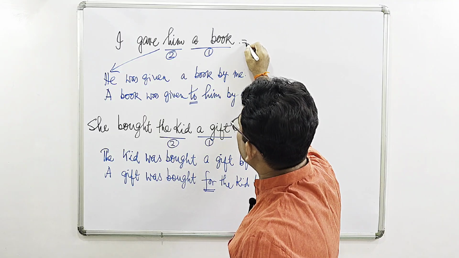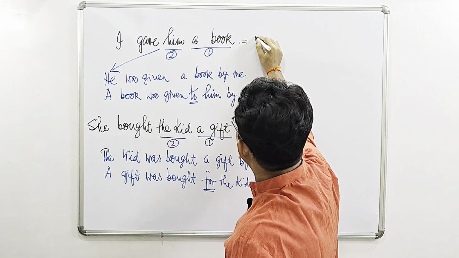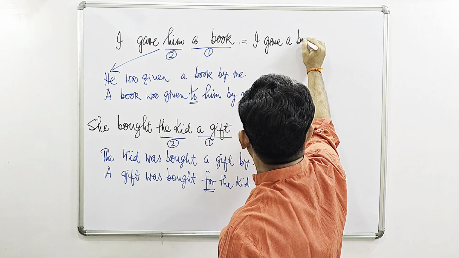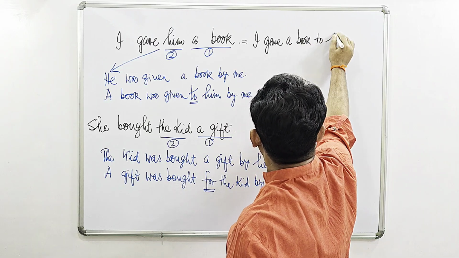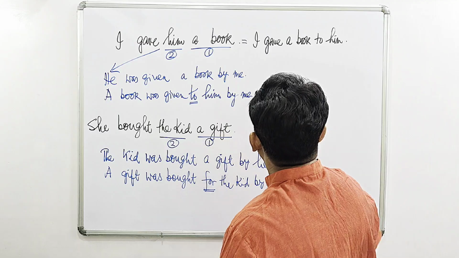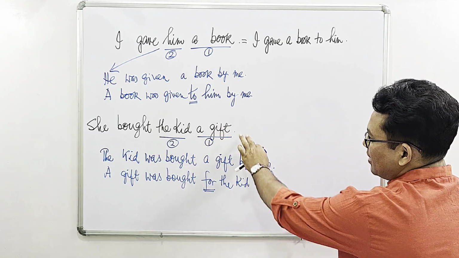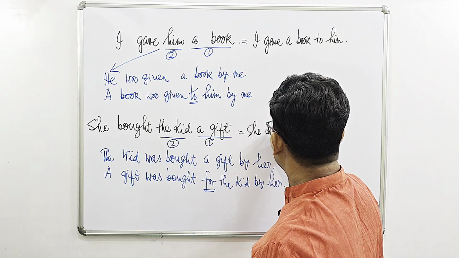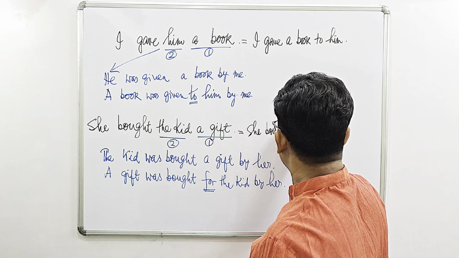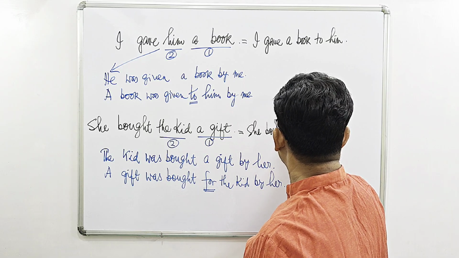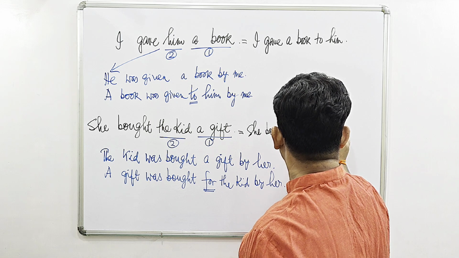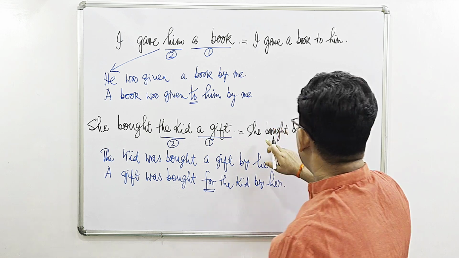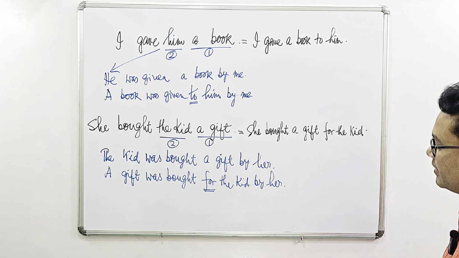Let us rewrite this sentence a bit differently. I gave a book to him. And this one, she bought a gift for the kid.